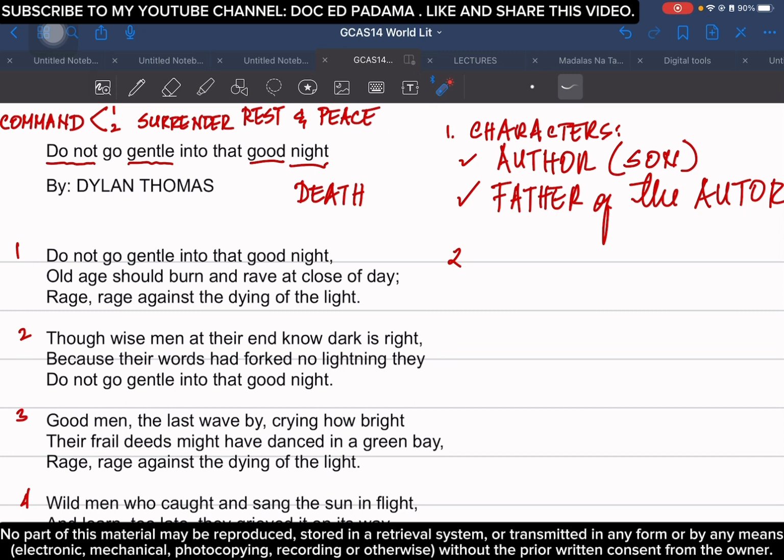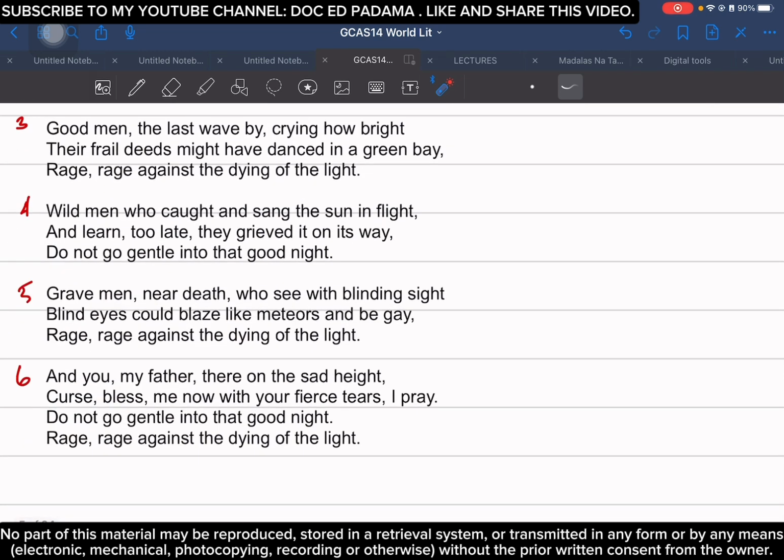So sabi natin dito, merong namamatay o merong malapit ng mamatay. Somebody is nearing death. Okay? So in this particular part, we can again refer to the last stanza. Sino ba yung malapit ng mamatay? According to the last stanza, and you, my father, there on that sad height, dyan sa malungkot mong kalagayan, which is near death.